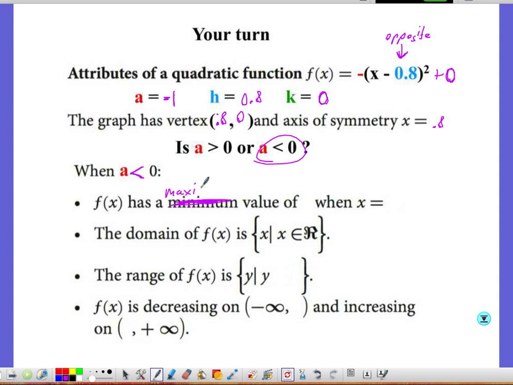Because a is less than 0, we should use a maximum value of 0 when x is equal to h, which is 0.8. Notice, again, the domain always stays the same. It's all real numbers. And the range of f of x is y, such that y is less than or equal to k, which is 0.